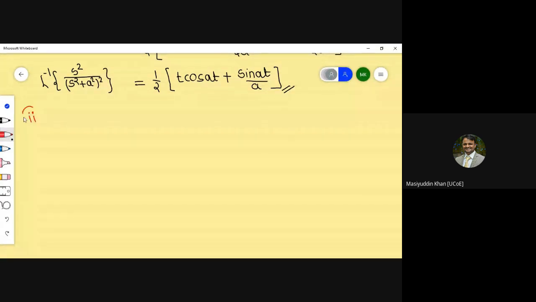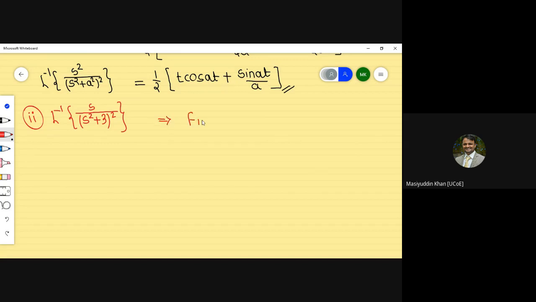The second problem will be: we have to calculate the Laplace inverse of s upon s square plus 3 raised to power 2. I will separate the function here.